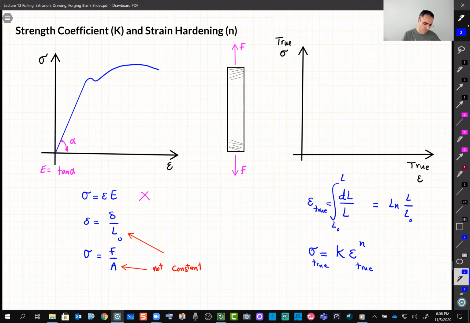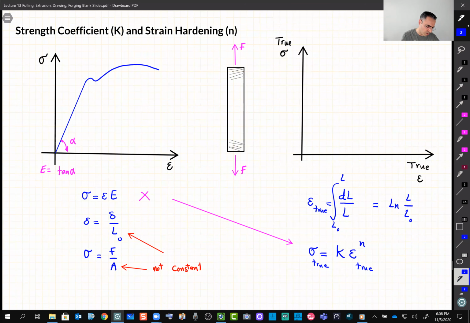So our original Hooke's law turned into this. K is a constant that we call the strength coefficient, and n is something people call the strain hardening exponent.